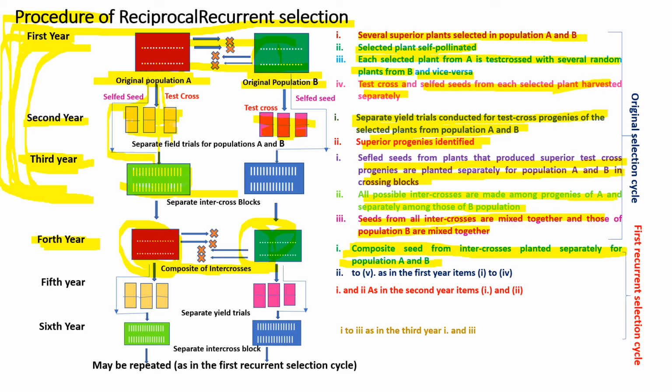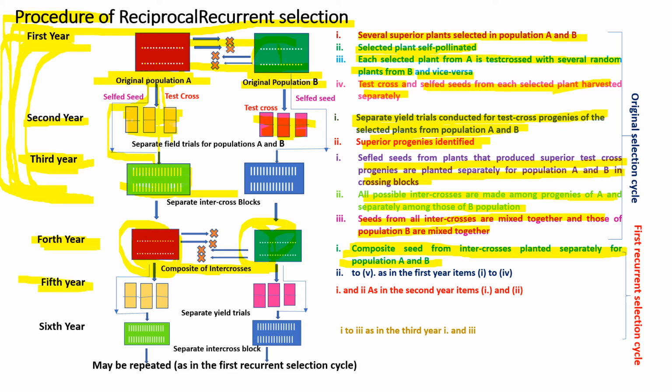Each selected plant from A is test crossed with several random plants from B, and vice versa. Test cross and self seed from each selected plant are harvested separately.